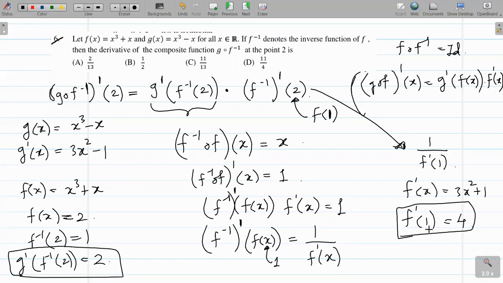So 1 by that is 1 by 4. So 2 by 4, that is 1 by 4. That's good. Some of you have already got the answer. That's good. So it's a nice application for chain rule.